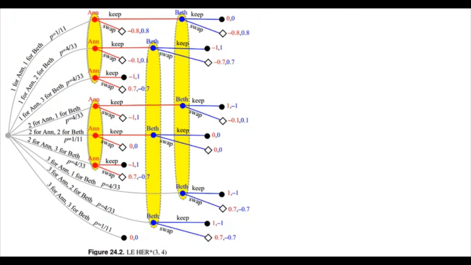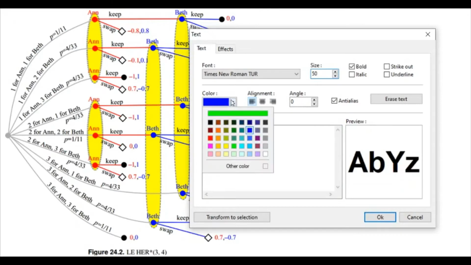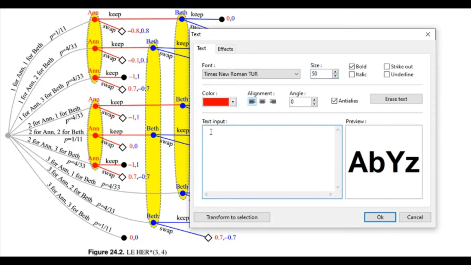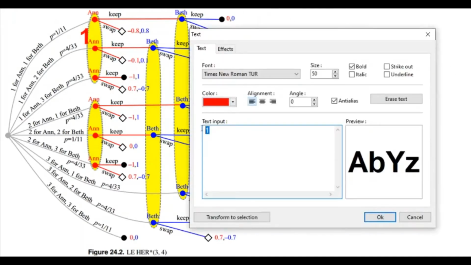So let me label them again. So let's put in a red 1 for information set number 1, and a red 2 for information set number 2.